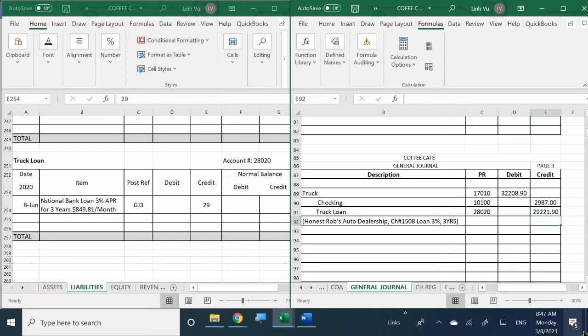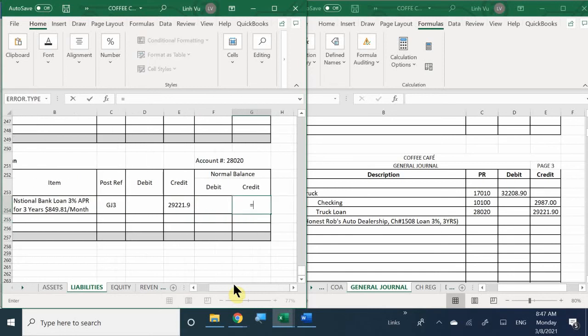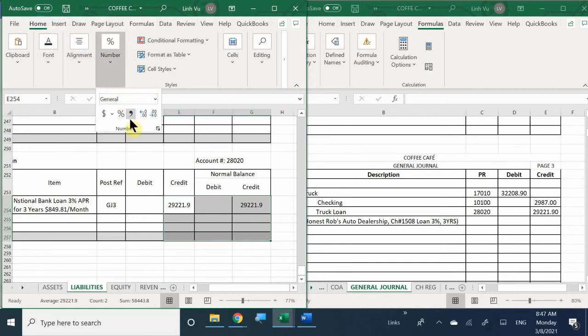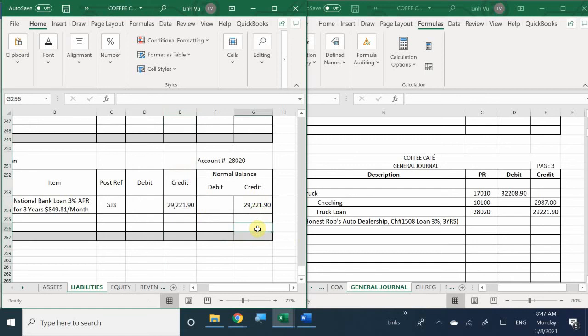It should be $29,221.90. That's going to be your total credit amount, and since it's your first balance here, the balance is $29,221.90.